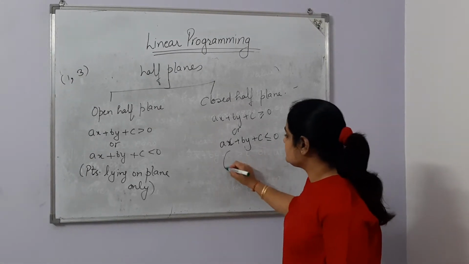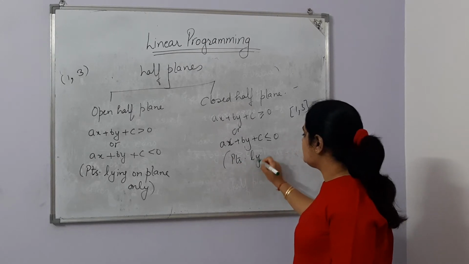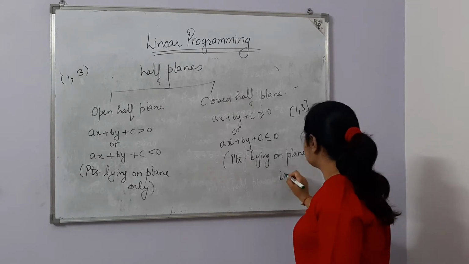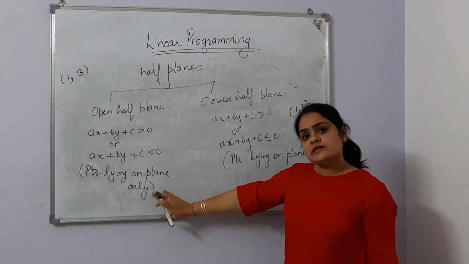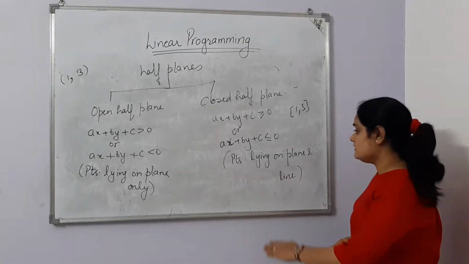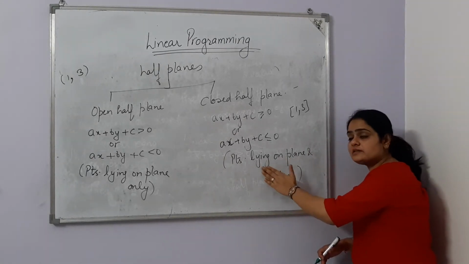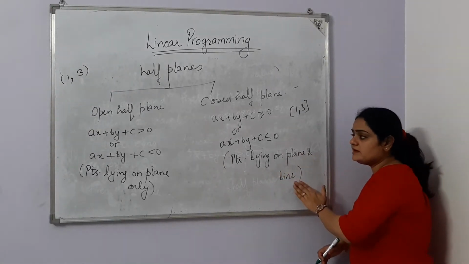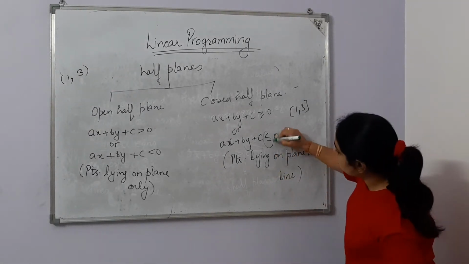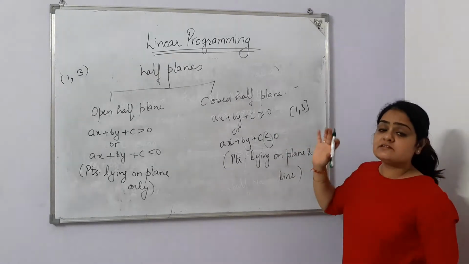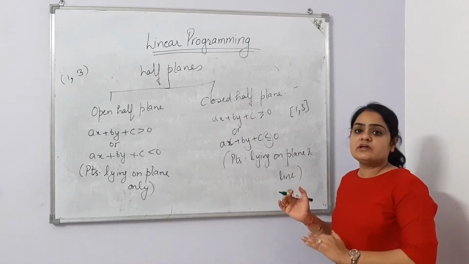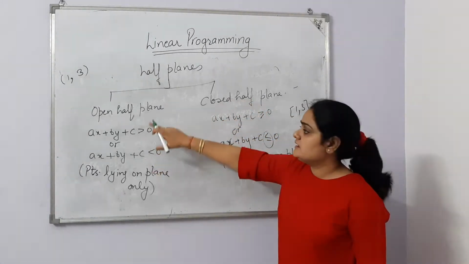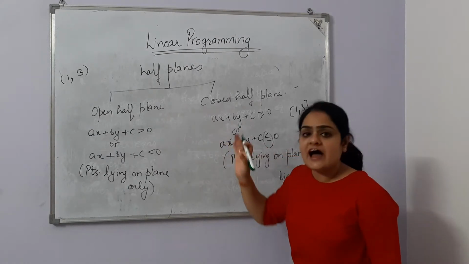Same here, the points lie on the plane and the line. Because there is an inequality plus an equality sign, it is a combination of equation and inequation, so it gives a closed half plane. Whenever a pure inequality sign is there, it gives an open half plane.